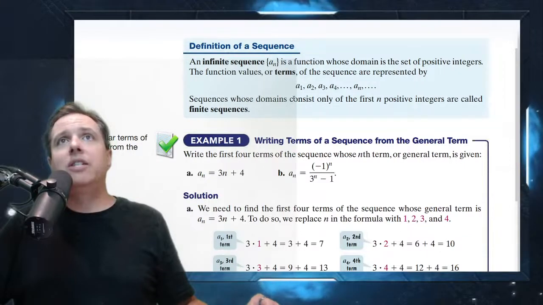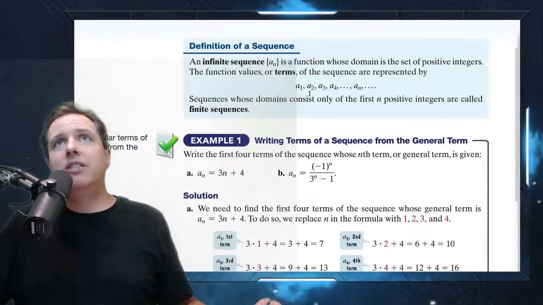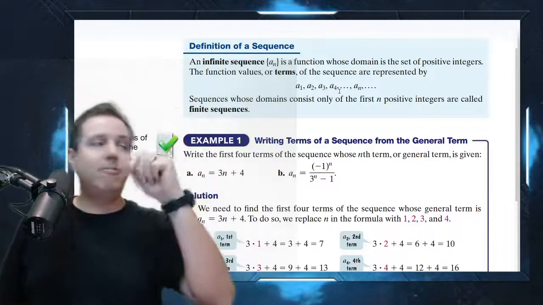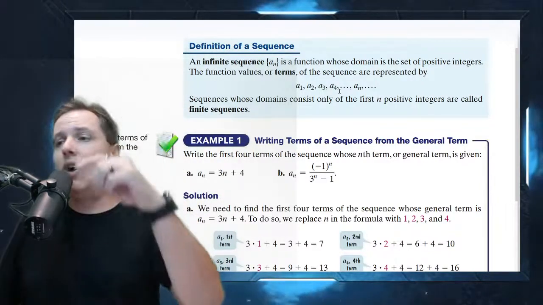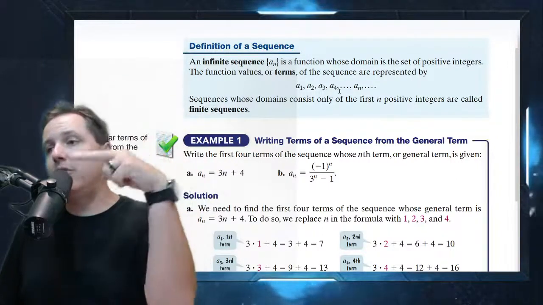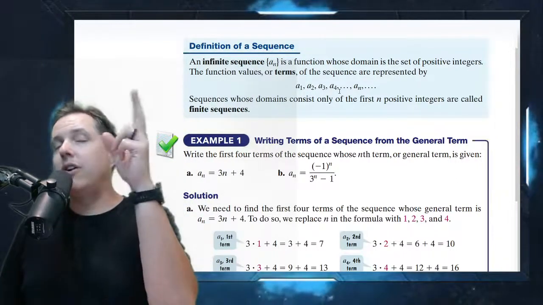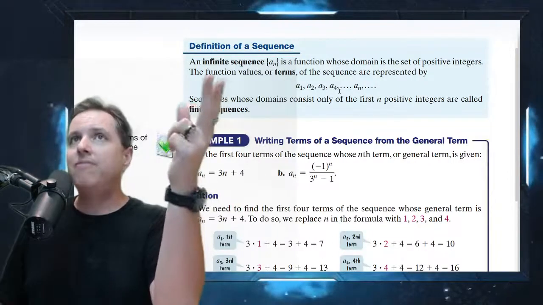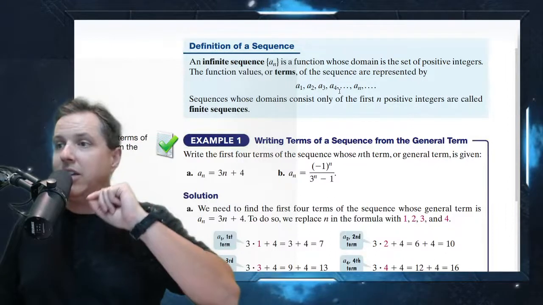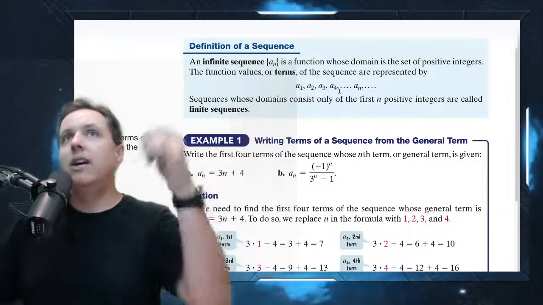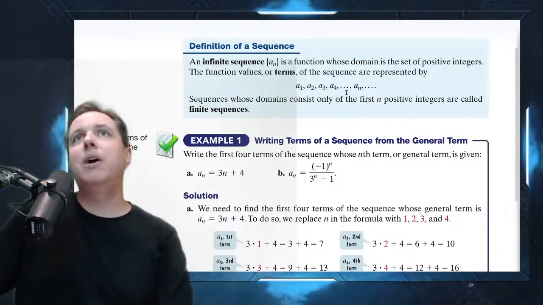So we have some sequence A, and notice that the subscript tells you the term that it is in that sequence. So a sub 1 is the first term in the sequence A. A sub 2, sorry, a sub 2 is the second term in the sequence A. B sub 7 would be the seventh term in sequence B, right? So it's pretty easy to match them up.